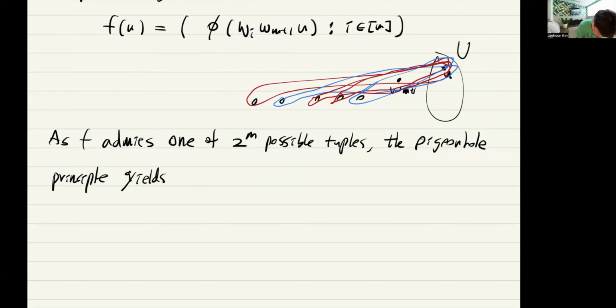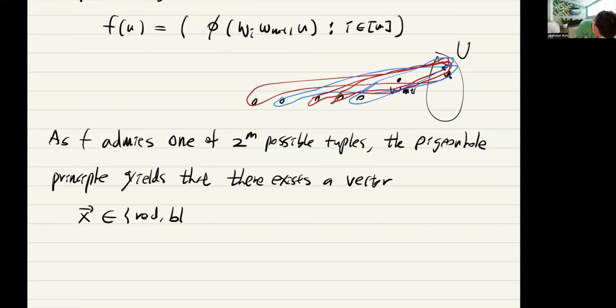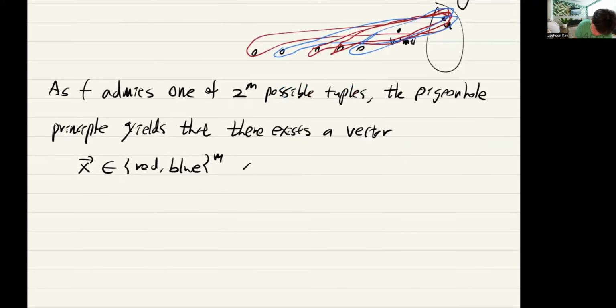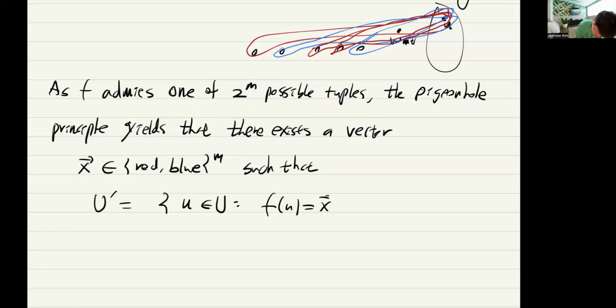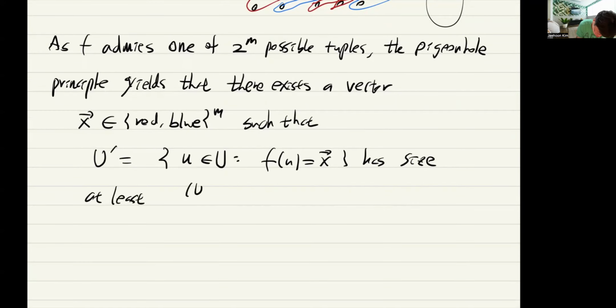That yields that there exists a vector x in {red, blue} to the m such that if we collect all the vertices in U whose f value is exactly this vector, the size is at least (|U| minus 1), because we deleted w_{m+1}, and then you divide by 2 to the m and you have to take the ceiling. And this is at least actually 2 to the 1 plus (m+1 choose 2).